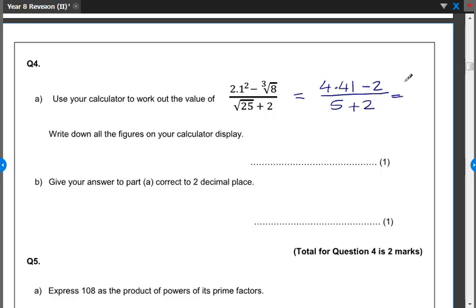So that equals 2.41 divided by 7. Okay, you can just do this with your calculator. So the answer that you get should be 0.344. So just write down all the digits on your calculator. On my phone, it's this.